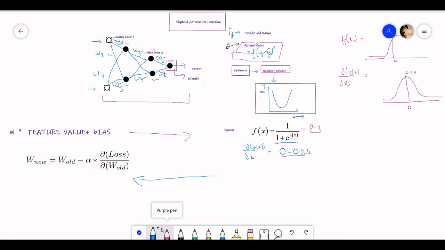According to the chain rule, which is very important in back propagation to find this derivative here, I have already made a video on the chain rule, so please go back and see that video if you have not seen it. Suppose we have to calculate our loss for W1.